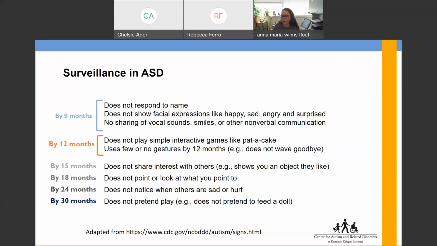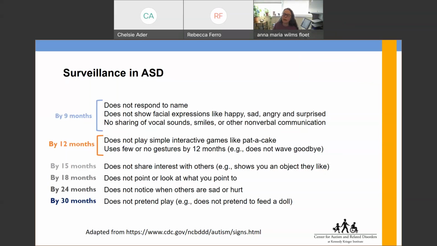As early as 9 months, we may see signs such as a child who does not respond to his or her name. We want to make sure that the child hears well, but that is, in my experience, actually a pretty sensitive question to ask. And if there is concern, we need to figure out what that means.